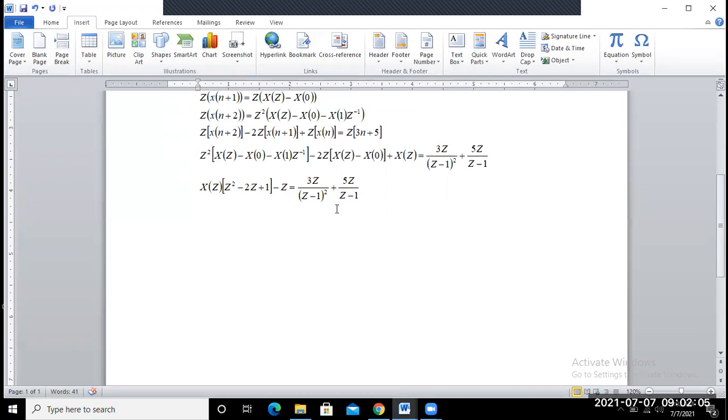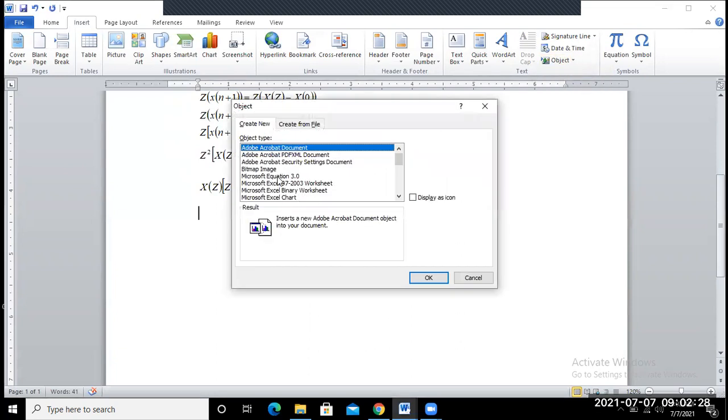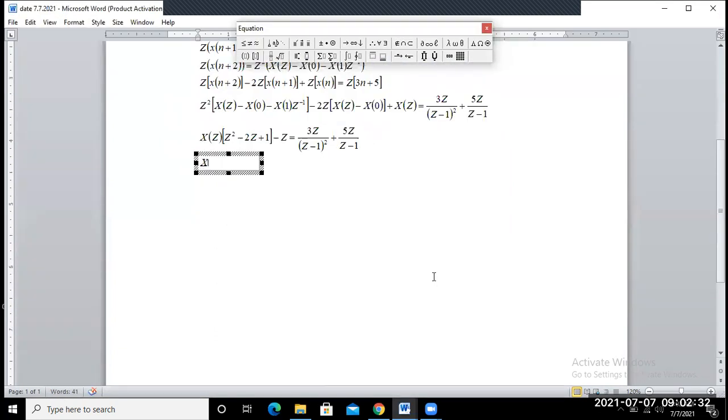So if you simplify this right hand side part, then you may write here X(z) equal to z minus 1 whole square equal to the right hand side you may write here.